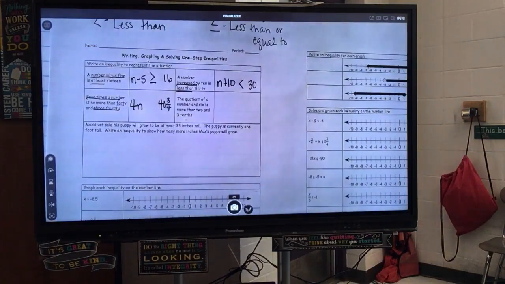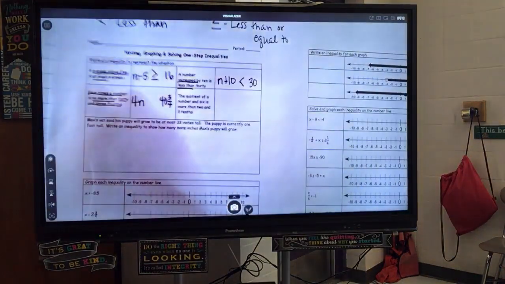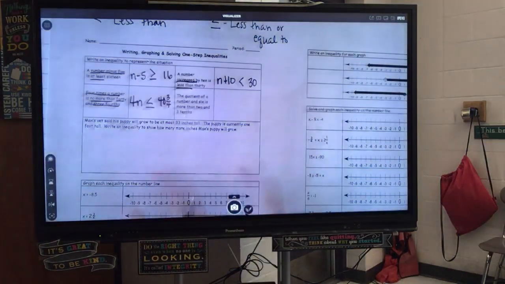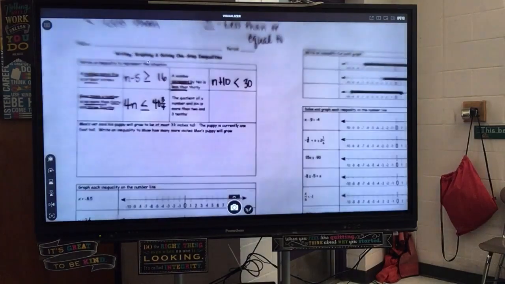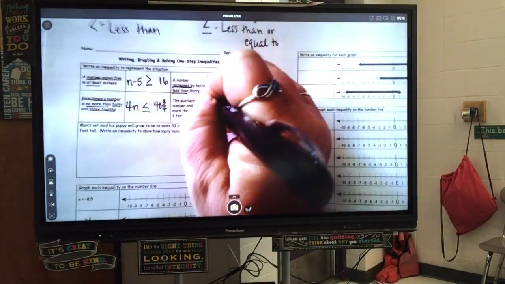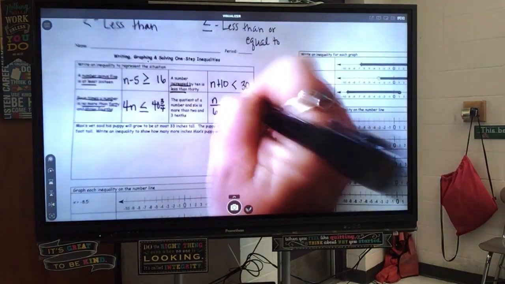No more than. So it could be equal or less. Okay? And then the last one, the quotient of a number and 6 is more than 2 3/10. So n divided by 6, and then 2 3/10.